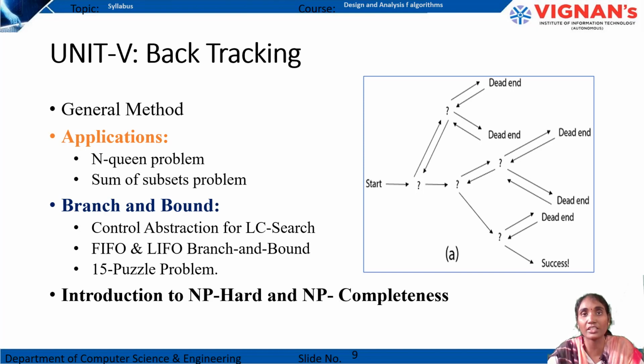How do we decide? Because if I take this path, then I might lose the game. If I take this path, I might win the game. So by taking these decisions, you are playing your game. Here you are not applying it fully, but somehow you are utilizing the backtracking concept.